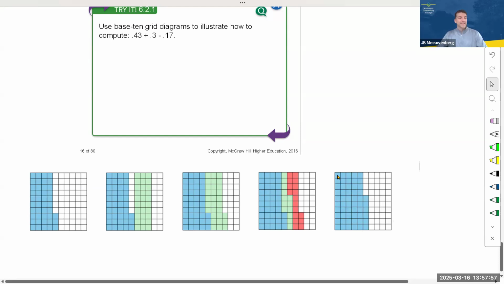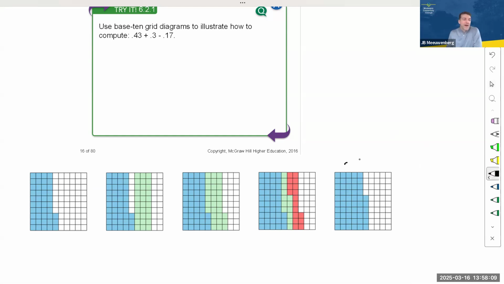And we would have left how many columns? 1, 2, 3, 4, 5. So 5 tenths, and 1, 2, 3, 4, 5, 6 hundredths. So we would write that as 0.56, 56 hundredths. And so hopefully you're able to use those visuals and make some sense linking the visuals to those decimal operations.